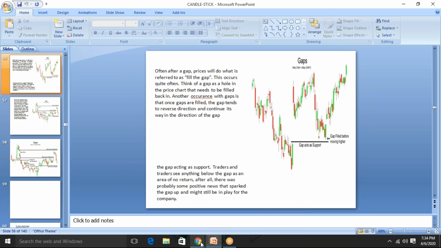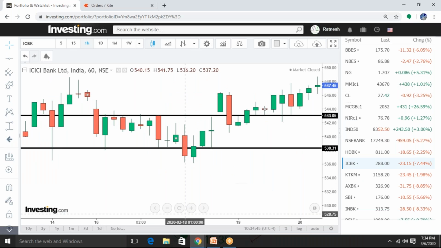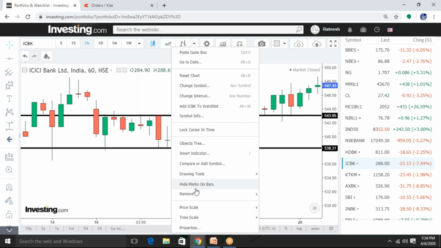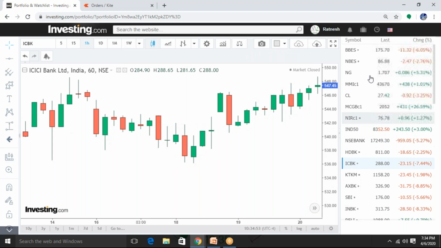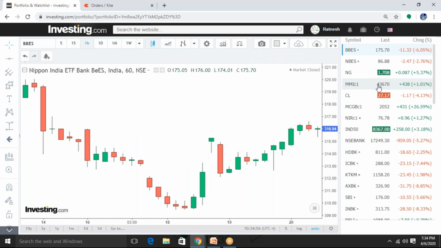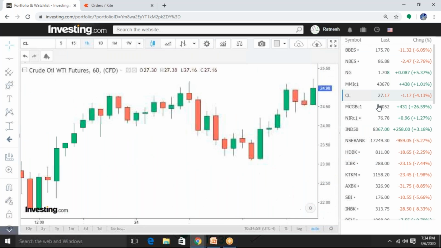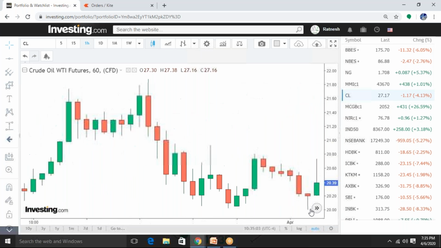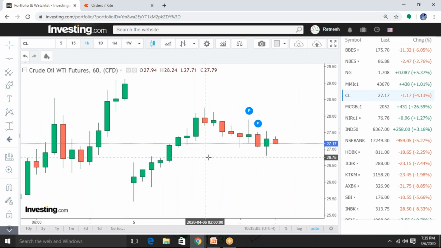I will try to show a few examples. I will take a random chart and try to revise your entire section. I will give 5 or 10 minutes for revision, and then only we will proceed to the next portions. This is the Brent crude oil chart running live.